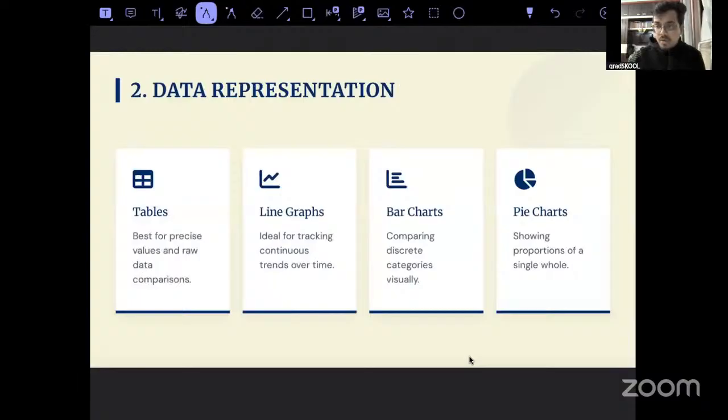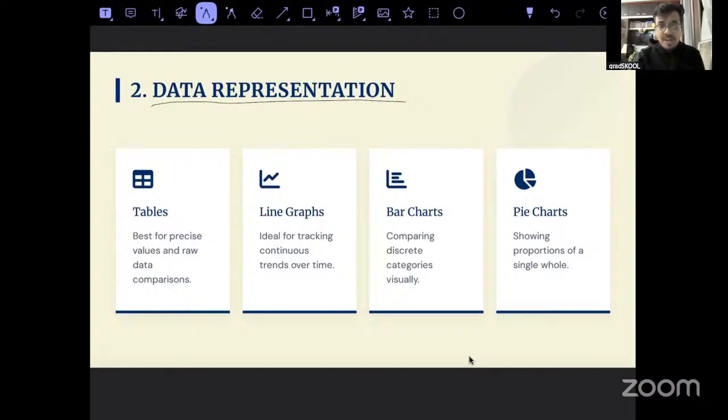So moving forward, types of data I already explained to you. Now let's come to data representation. When data is small, we can read it. When data is large, we must represent it by some form of table, some form of graphs or something.